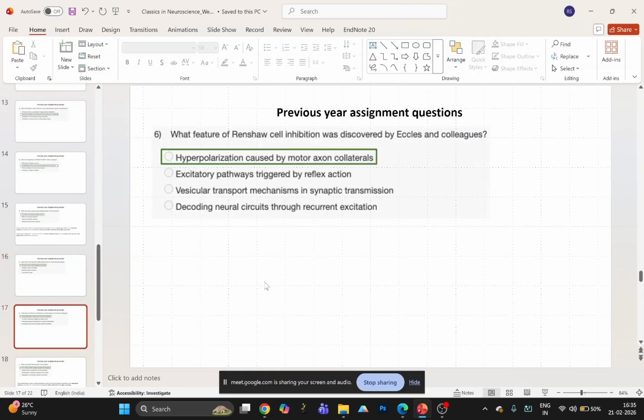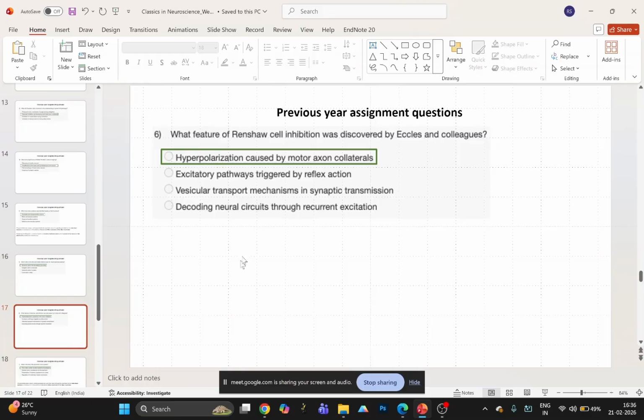Next, what feature of Renshaw cell inhibition was discovered by Eccles and colleagues? This we have discussed several times, and the feature that Eccles and colleagues discovered was that the motor neuron was getting hyperpolarized. Whenever the axon was getting stimulated, the motor neuron was getting hyperpolarized.